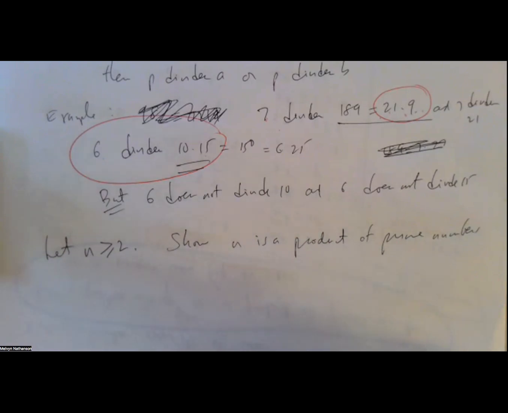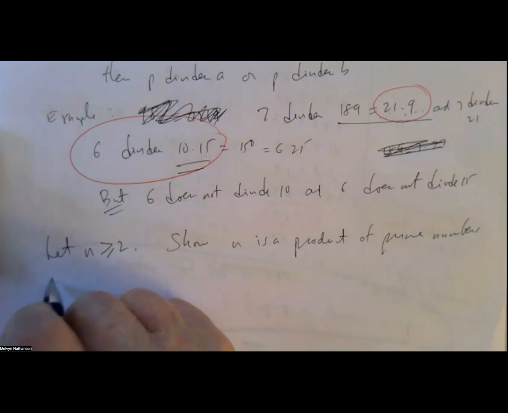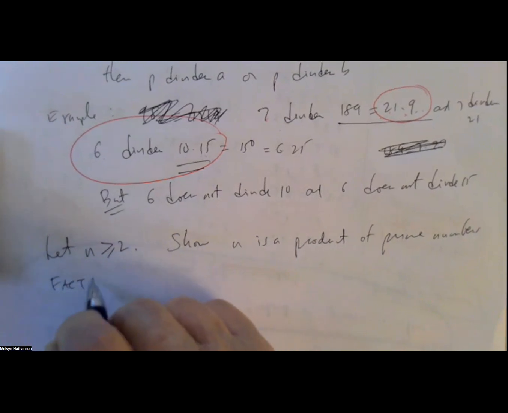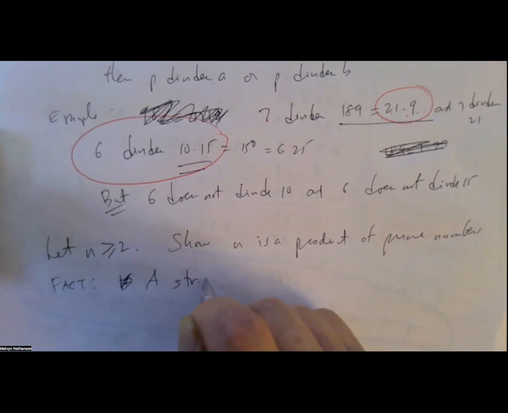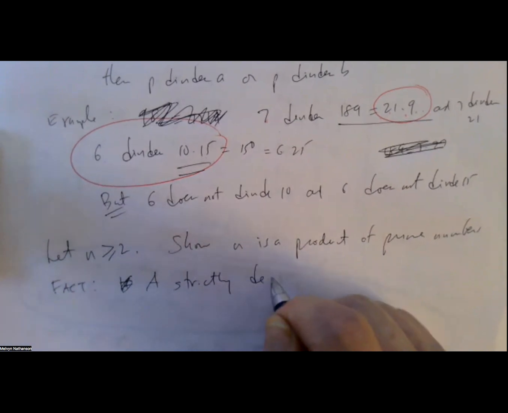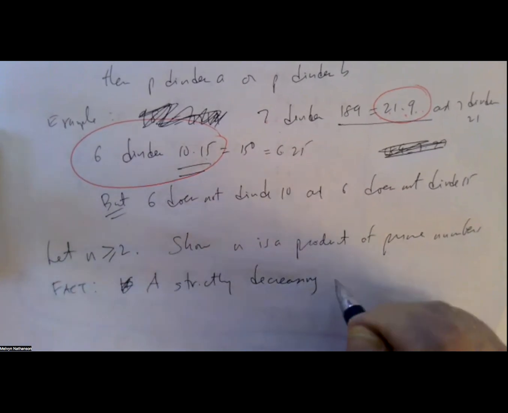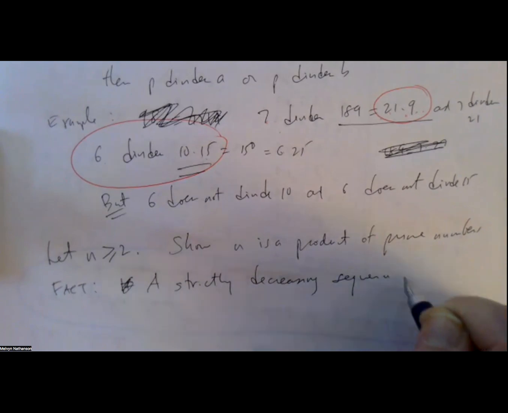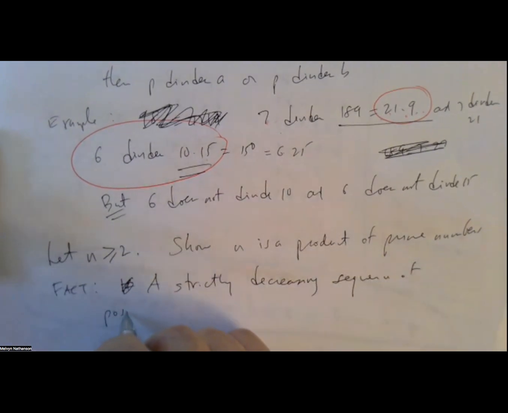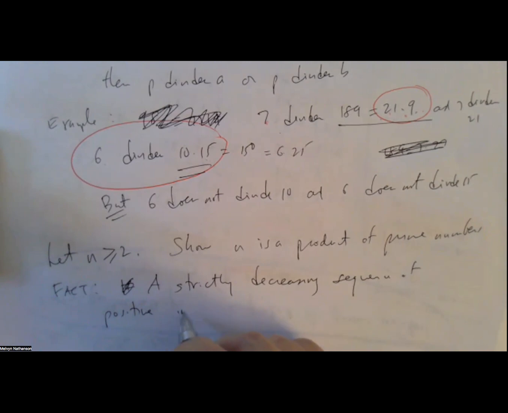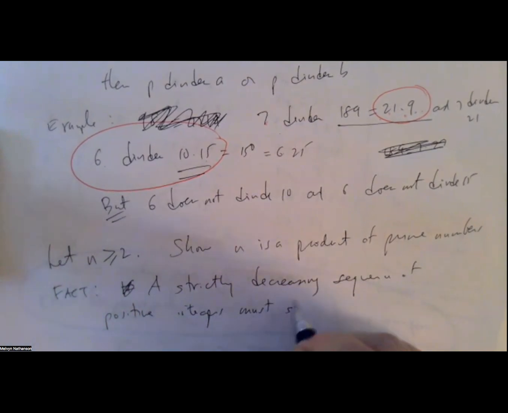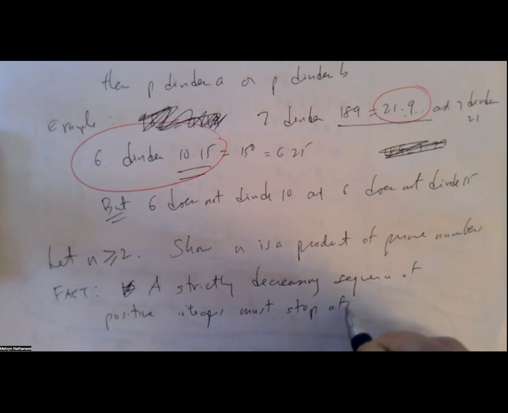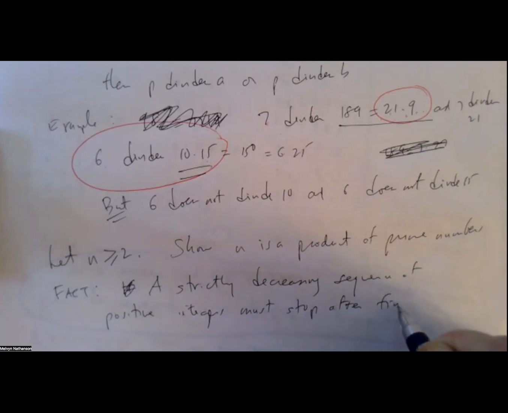And we start with the following fact, if you like: a strictly decreasing sequence of positive integers must stop after finitely many steps.